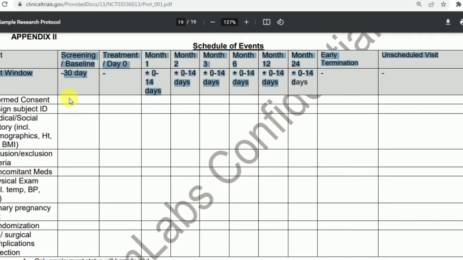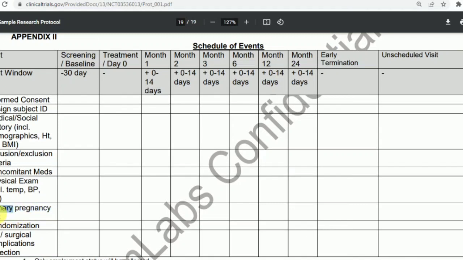So suppose informed consent is collected and here it is marked as X, but in treatment month 1, month 2 it is left as blank, that means informed consent will only be collected on the screening visit. In other visits it is not required. Similarly, physical examination like temperature, BP, heart rate, all the sections are marked as X. That means these tests or assessments need to be performed for all the visits.